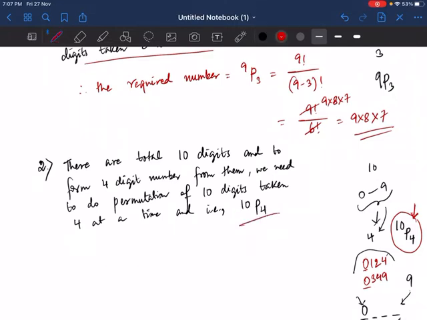So this is what we have, right? 10p4 ways we can find 4-digit numbers from the 10 digits we have.